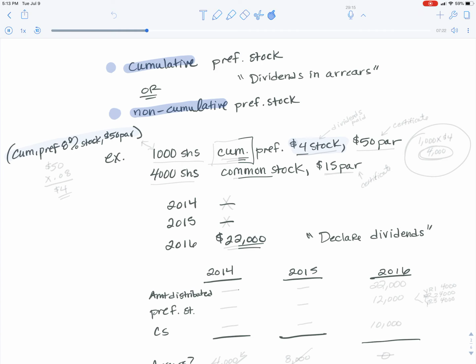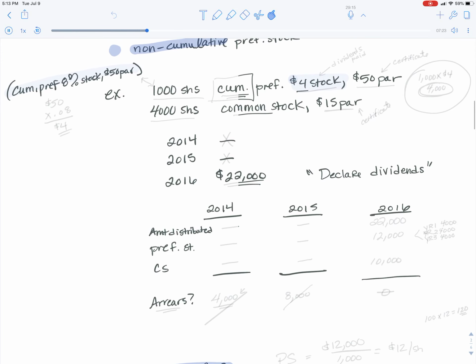So here's an example of that. We have a company that has 1,000 shares of cumulative preferred stock, okay, and 4,000 shares of common stock. So we have two classes of stock. The way that you read this preferred stock is it's cumulative preferred $4 stock, $50 par.